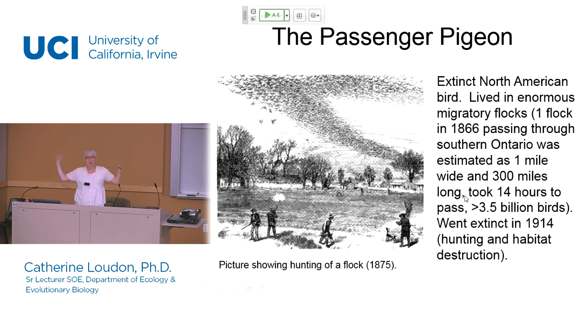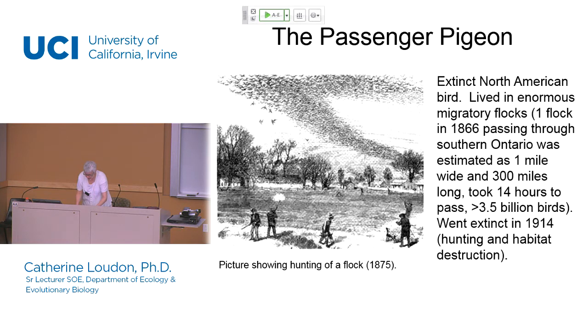The rather astonished individuals in southern Ontario that were keeping track of this flock as it went overhead recorded that it took 14 hours to pass. So you can make a rough calculation of how long it is if you estimate how fast it's going and how long it takes to go overhead. This one flock is estimated to have had about 3.5 billion birds. So these birds were astonishingly common.